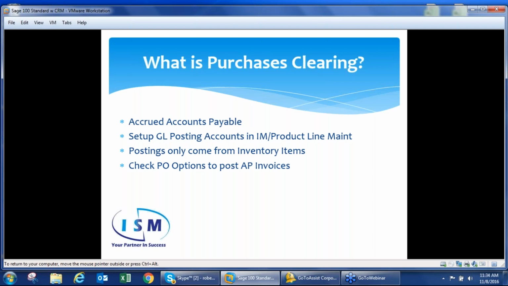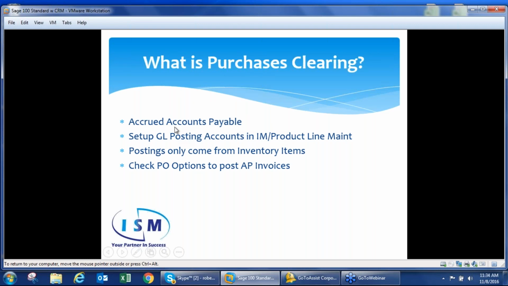Now, when we subsequently receive our invoice and we're ready to credit AP, what the system does is debit the purchases clearing account, and thus once we have a completed cycle of receipt of goods and receipt of invoice, the corresponding debits and credits to this PO should wash each other out, and thus what we're left with is a debit to inventory, credit to AP.